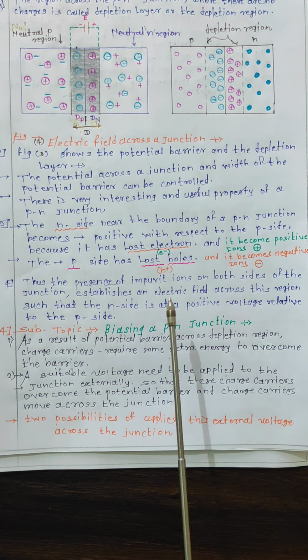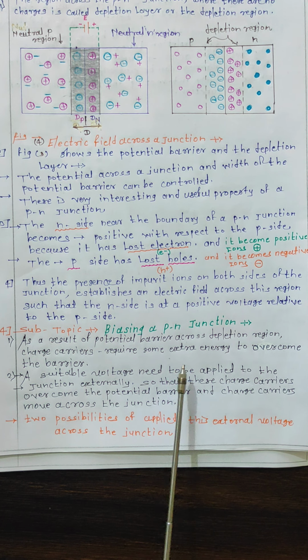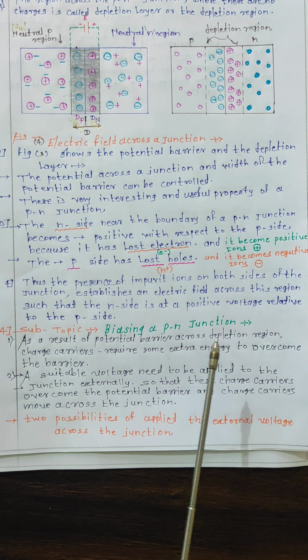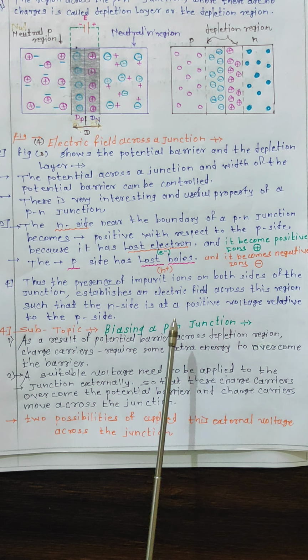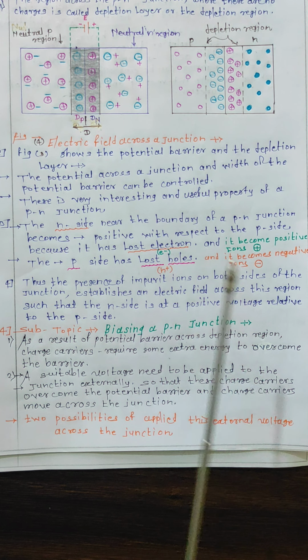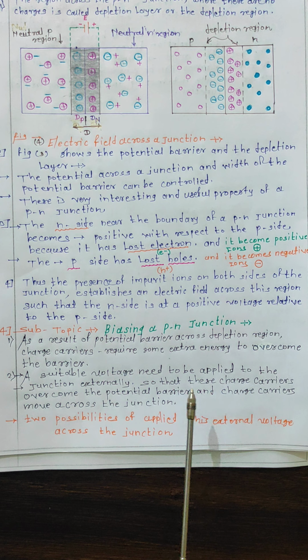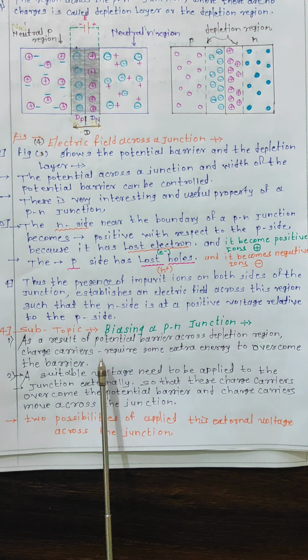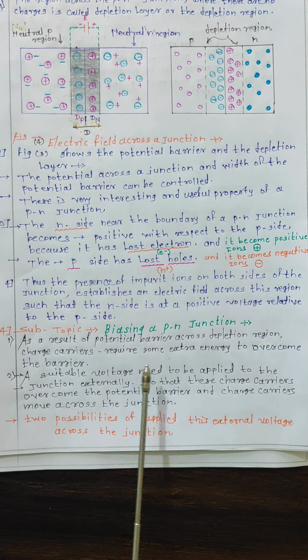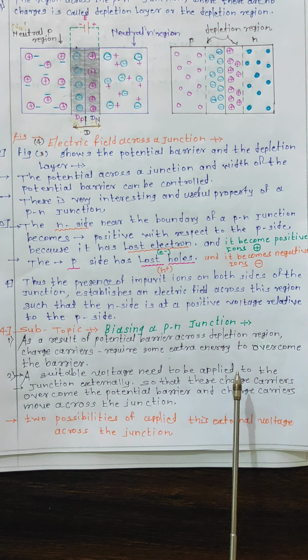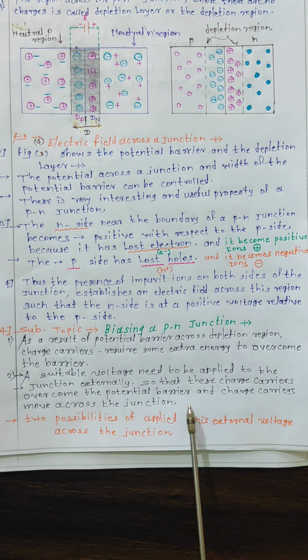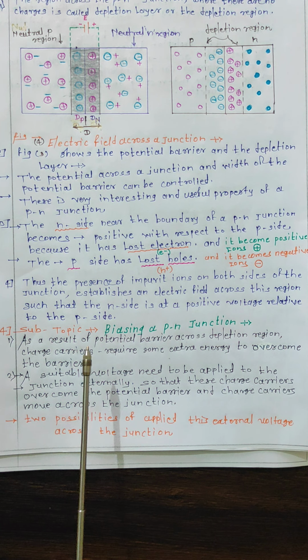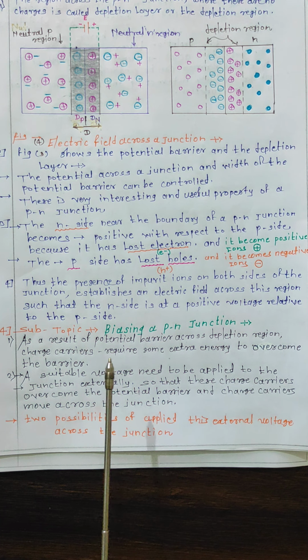So a suitable voltage, or suitable potential difference, is applied to this junction. It is nothing but an external potential difference applied to this p-n junction, and therefore the charge carriers on this junction carry charge, and motion of charge across this junction takes place.